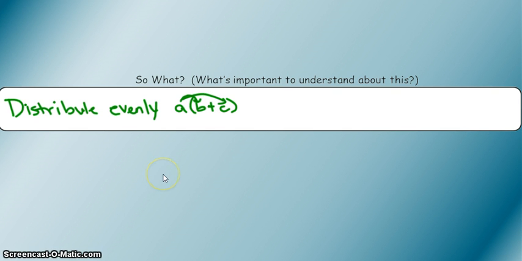You can't just give it to the B. You have to give the A to both the B and the C. Also, change subtracting to adding the opposite.